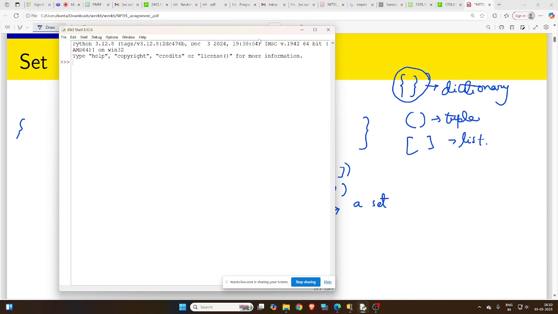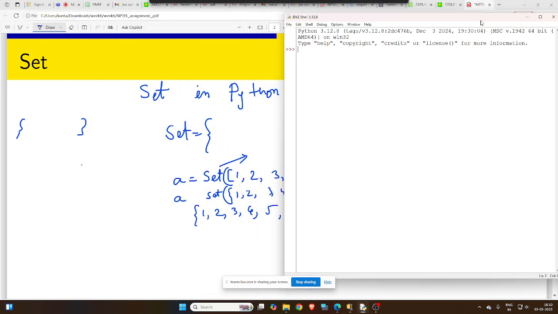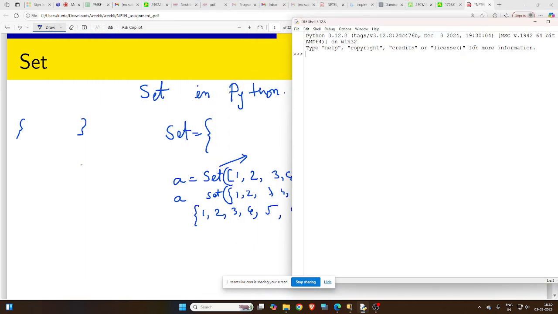I'm just using the idle cell, as all of you know. So I can first write A, then set. As I told you, we have to mention that it is a set. Otherwise, it will not understand that A is a set in our Python language.